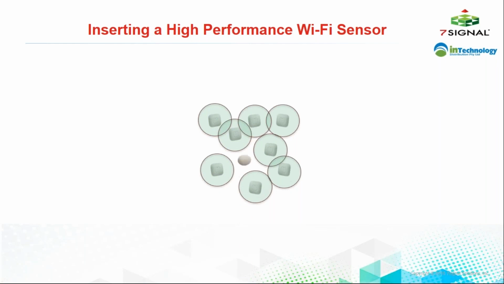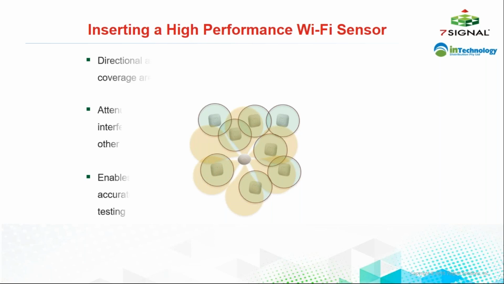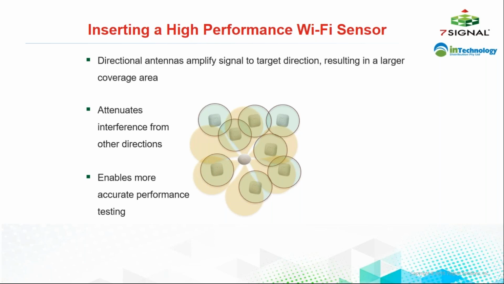Now, what makes 7-signal different is that we have not an omnidirectional antenna array, but a directional antenna array. These directional antennas allow us to amplify or shoot a beam of energy in one direction. It allows us to then connect to more access points, and when we connect to those access points, we run through our test plan.